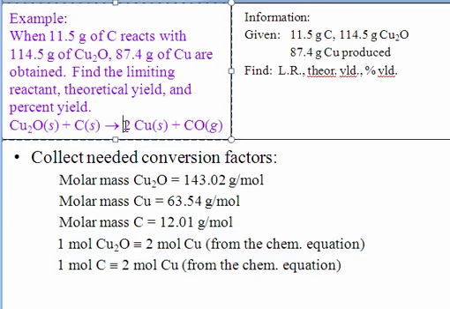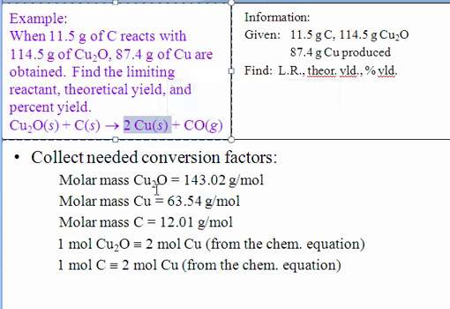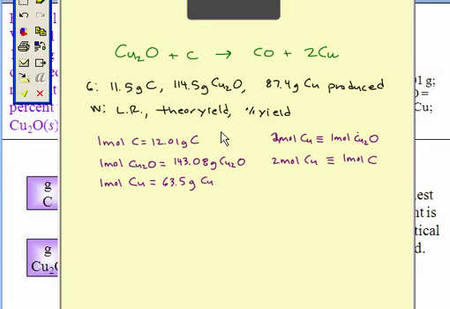I'm also given information about copper. So copper is the product that I'm going to choose, because eventually I'm going to use this information to calculate my percent yield. So when I do my ratios, I'm going to do both my ratios for each reactant with copper. So let's see how my units play out.